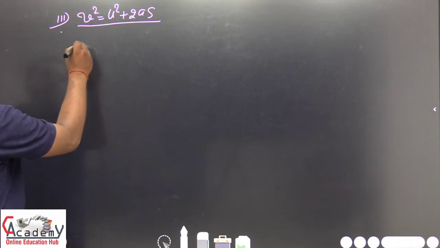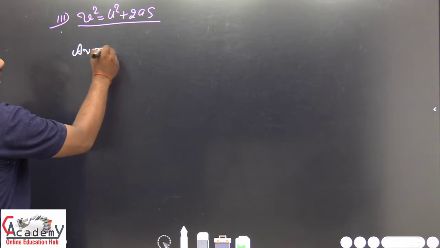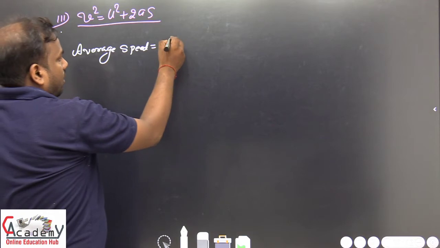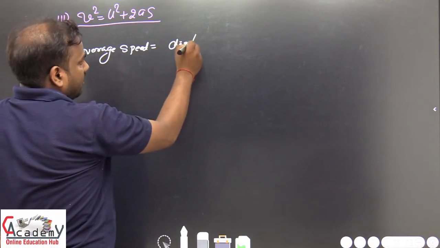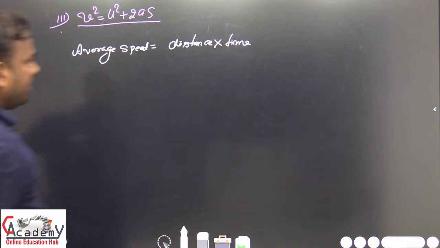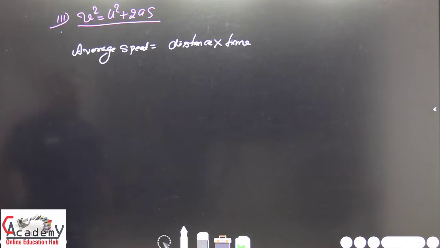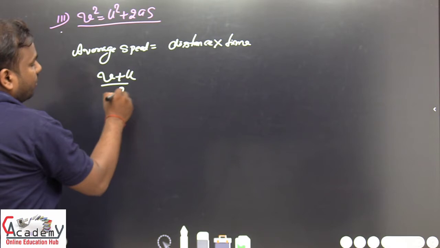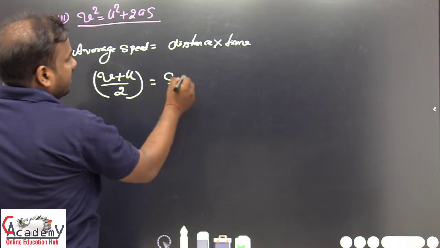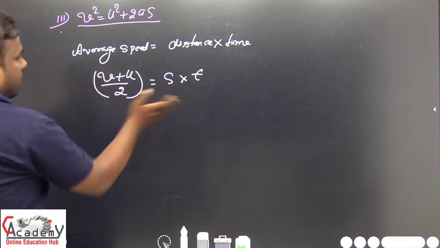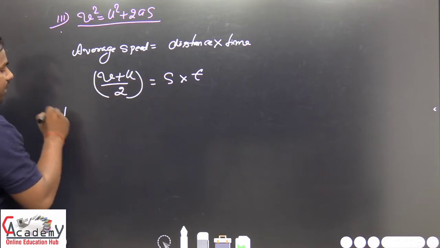Again, we know that average speed is equal to distance upon time. Average speed is (v plus u) by 2, and here it is s upon t.